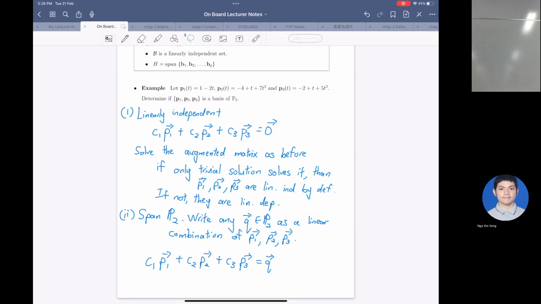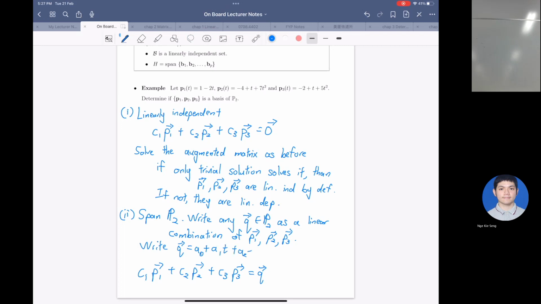When you write Q as a general polynomial, you should write Q as A0 plus A1 T plus A2 T squared plus A3 T cubed. Use this to set up your augmented matrix. You could imagine there's no more 0 on the right-hand side. You have A0, A1, A2, and A3. When you solve the augmented matrix, you should see whether you have a consistent or inconsistent system.